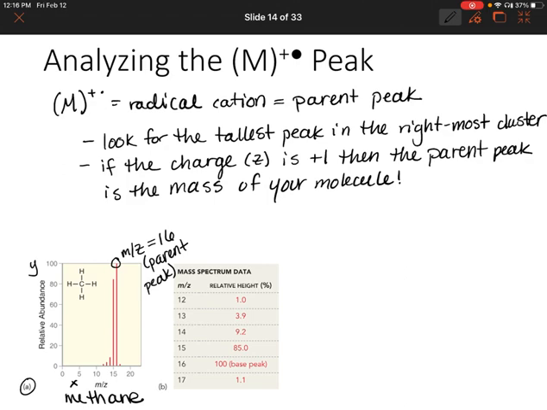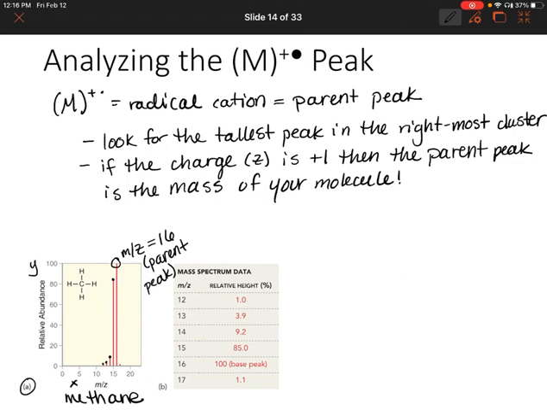Now, you might be wondering what some of these other peaks are. We have one at 15, 14, 13, 12. Those are due to fragmentation of methane. So methane can lose hydrogen atoms, and that's just due to that beam of electrons hitting it.